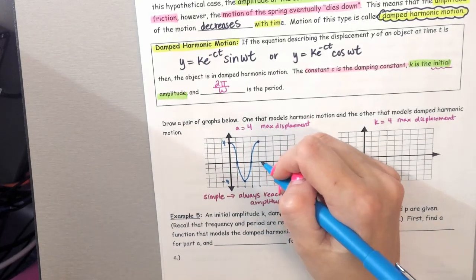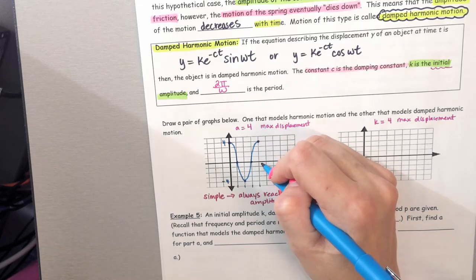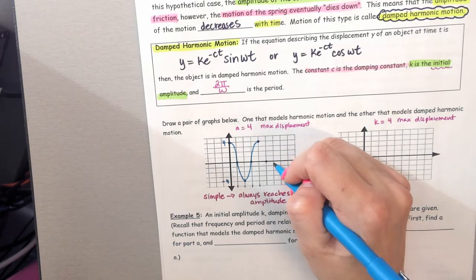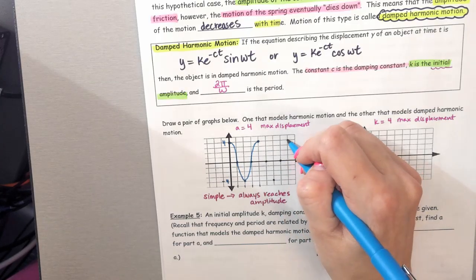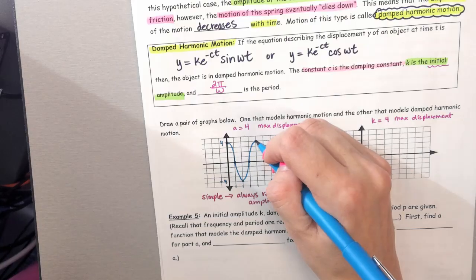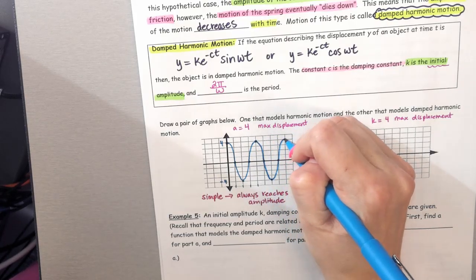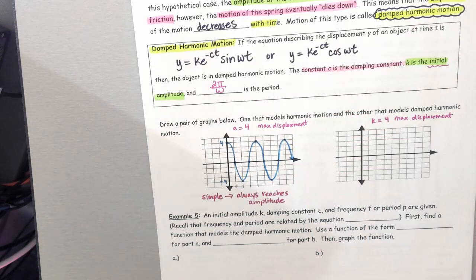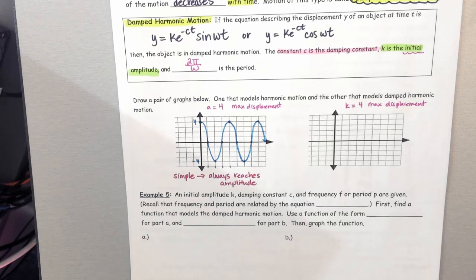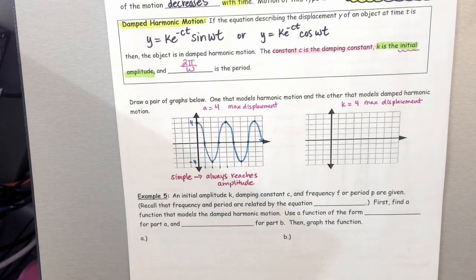Okay, and then we're going to repeat that. So we have 0, negative 4, 0, positive 4. And this is going here. Okay, and that's because I want you to see more than one cycle.